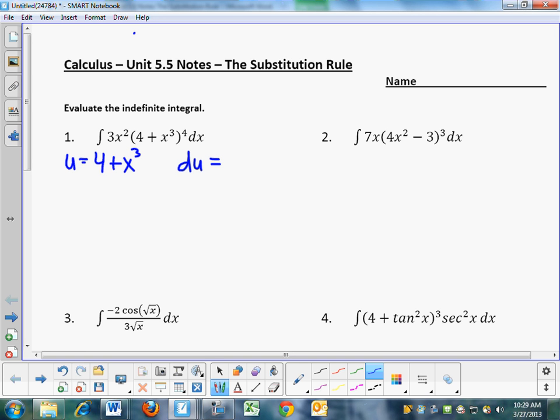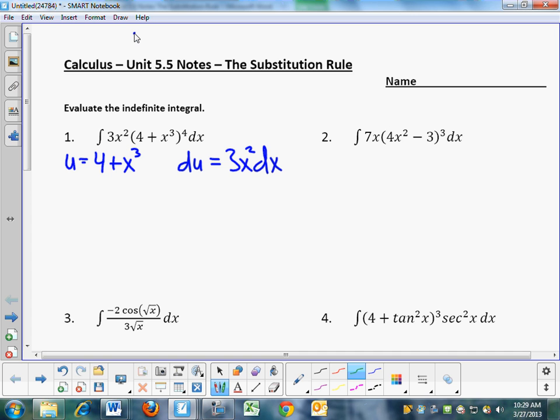What is the derivative of 4 plus x to the third? Not the antiderivative. And we'll attach a dx to say that we took the derivative of it. Now watch what's going to happen. Do you see a 3x squared up in this problem?